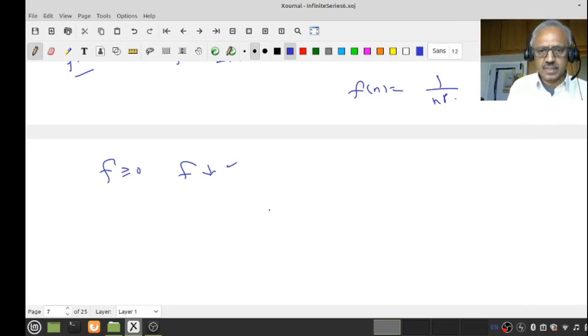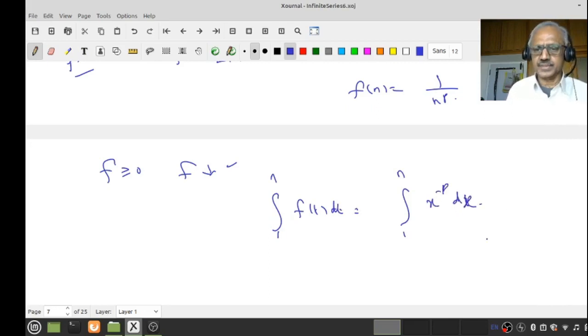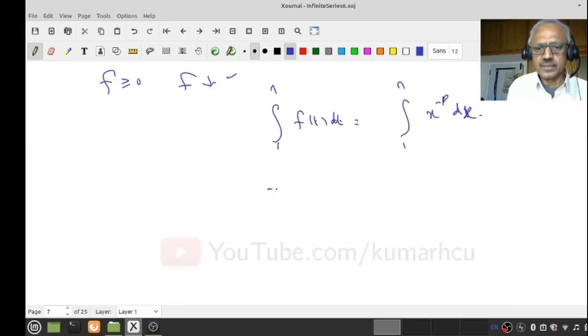Right, now does the integral from 1 to n of f of t dt converge? What is this? This is the integral from 1 to n of x power minus p dx. By the usual calculus, this is x power minus p plus 1 by minus p plus 1.